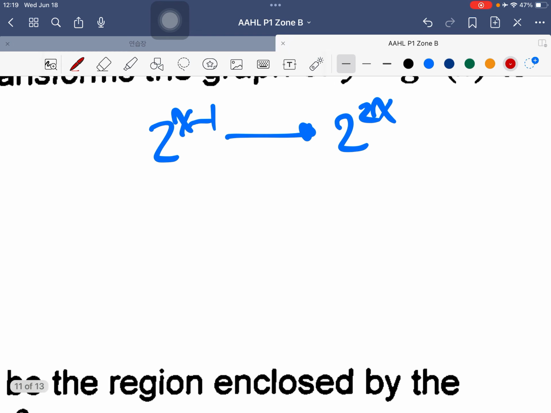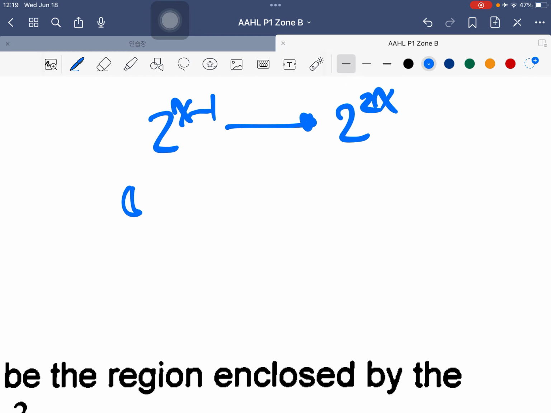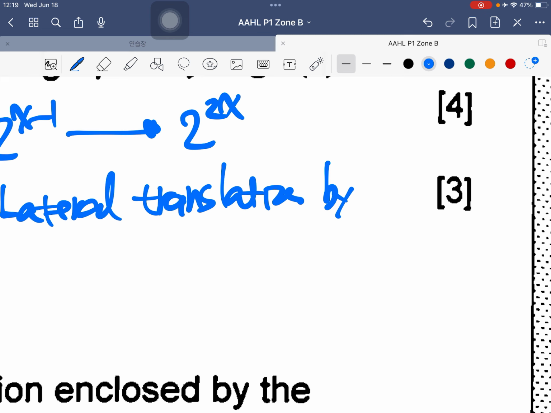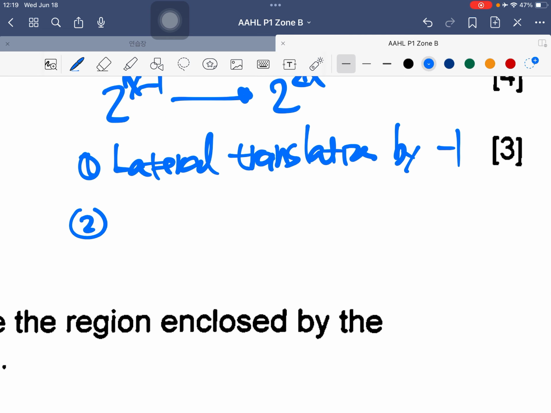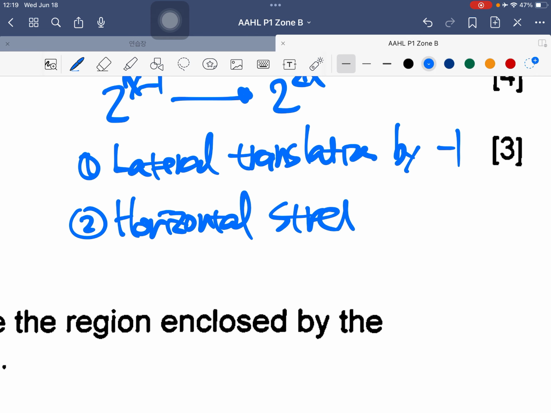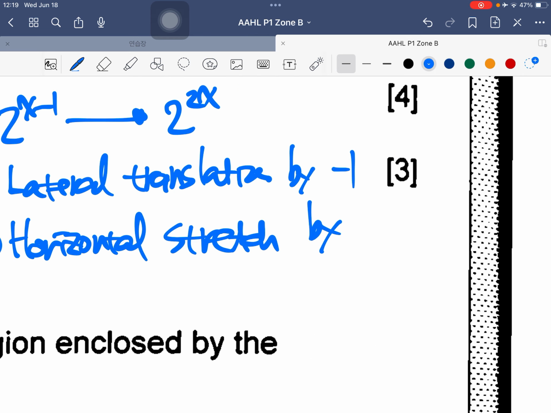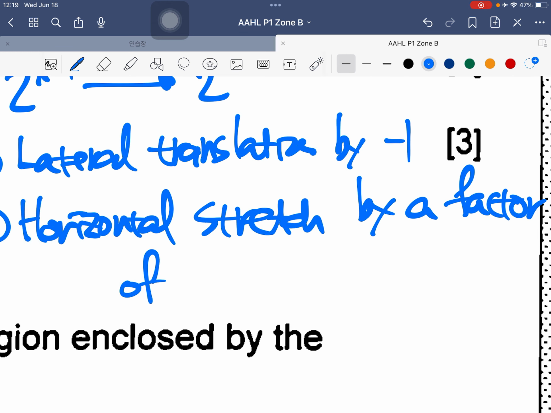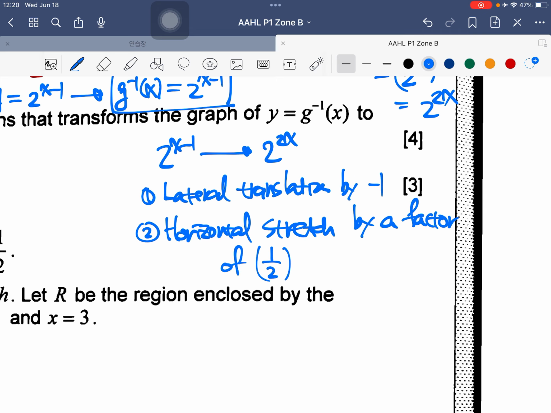So the answer should be: a horizontal translation by negative 1, and then a horizontal stretch by factor of, instead of x, put 2x, that means factor of 1 over 2. So this is the answer.